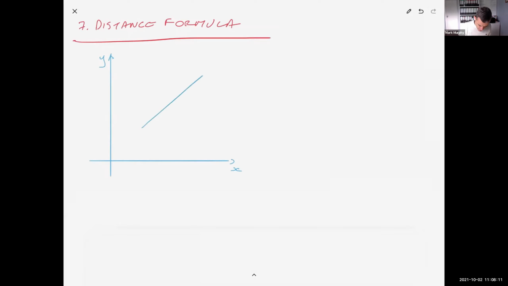So we draw a line first. That's the line AB. So B is x2, y2, and A is x1, y1. So it's a distance formula.